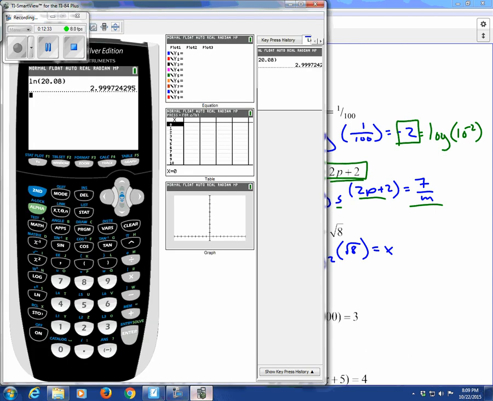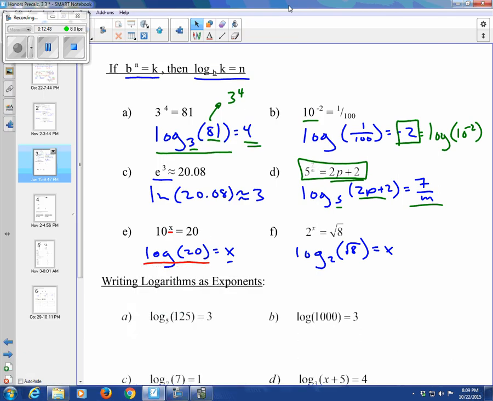If we go to our calculator, we can evaluate the common log of 20 to get the x value, and that would be approximately 1.3.